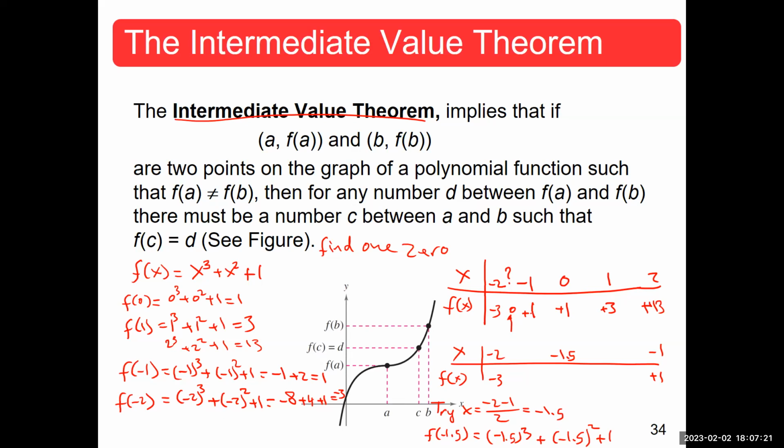Okay, well, I multiply by minus, 1 minus 1. That's negative 0.125.